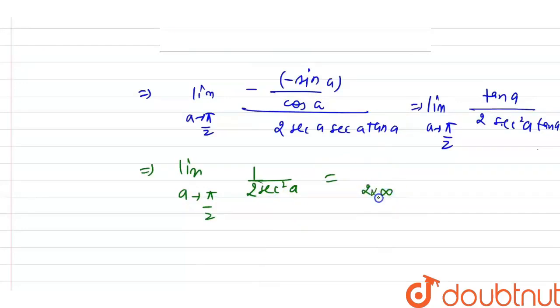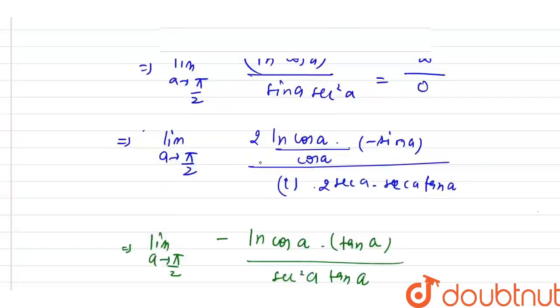So it will be 2 into infinity, which is infinity. So 1 over infinity is 0. So finally the limit is 0.